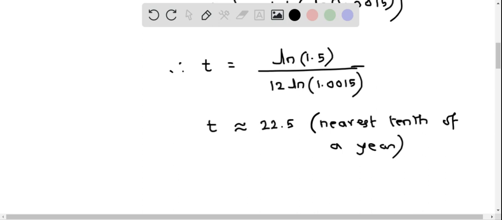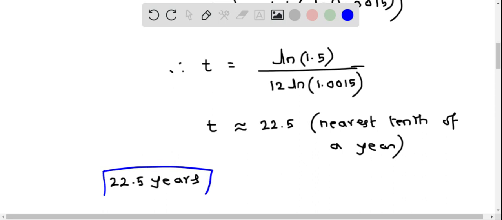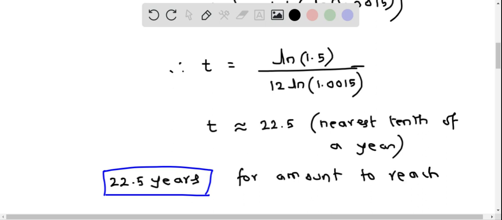And so we see that it takes 22.5 years for the amount to reach $6,000. And so this answers this question.